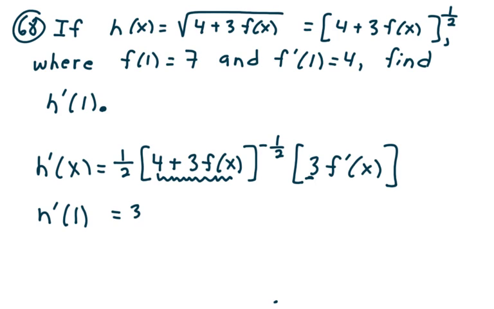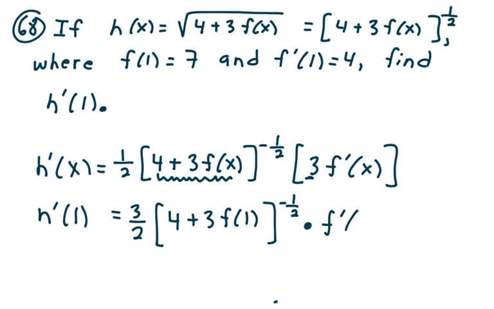So if you don't mind, I'm going to write this as 3/2, and I'm going to put 4 plus 3f of 1 in brackets raised to the negative 1/2 power times f prime of 1.